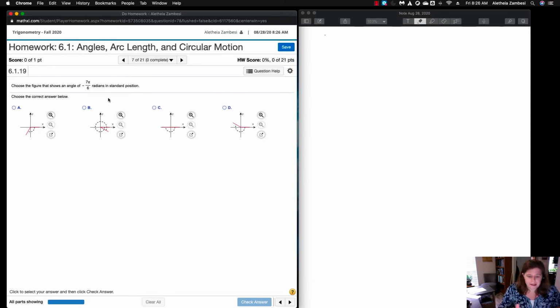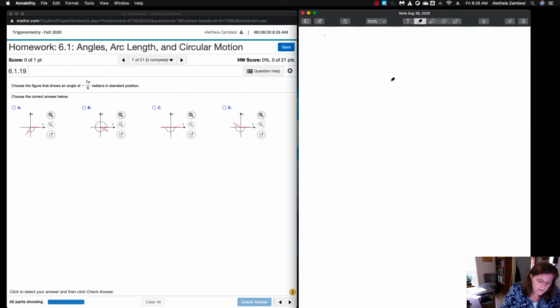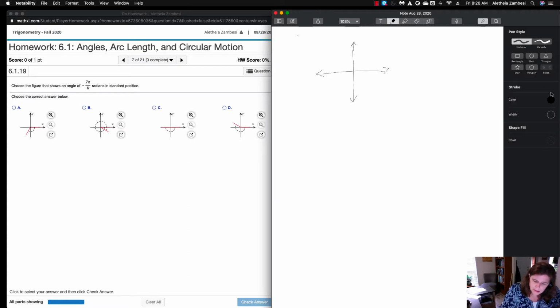So this is based on the quadrant angles. If I were to draw an axis, and we're working here, remember standard position means that we begin with our initial side on the x-axis, and then if it's a positive angle, it opens this way, negative angle opens this way.